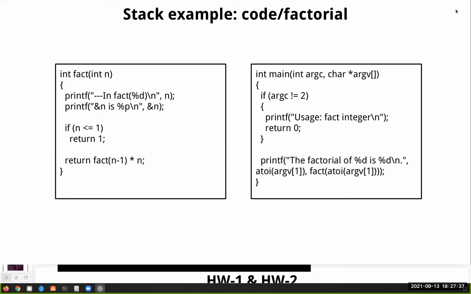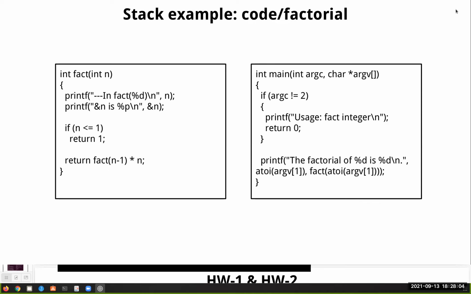So here we change the string to integer, then we call the fact function, and this function is just a recursive function. At the beginning, it will show you which number it is calculating the factorial of, and it will show you the address of the argument. The argument, remember, is on the stack, right?